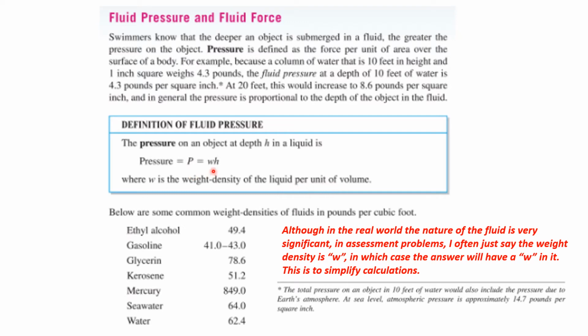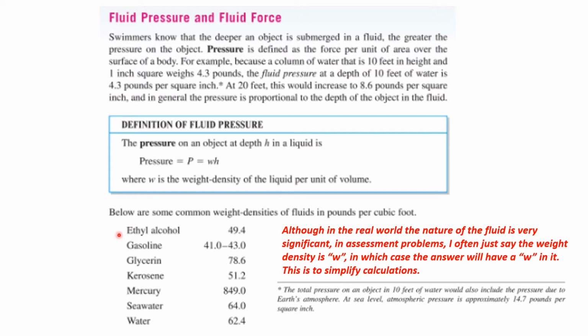Now this is volume, like maybe pounds per cubic foot, but then you're multiplying by feet, and so you get pressure is force per square unit, or force per area.